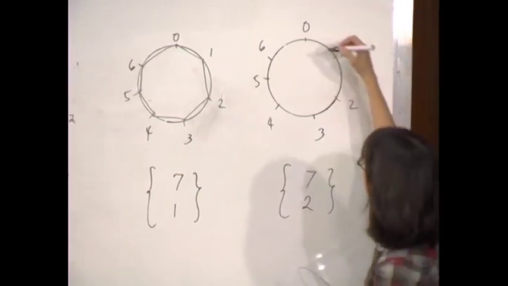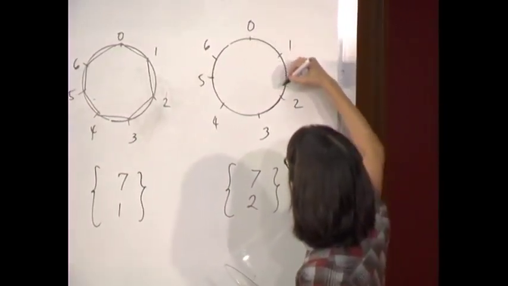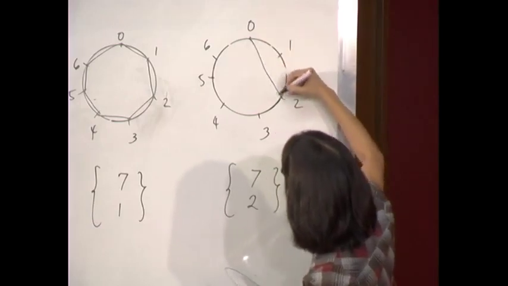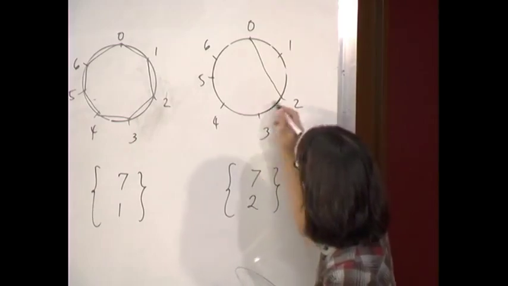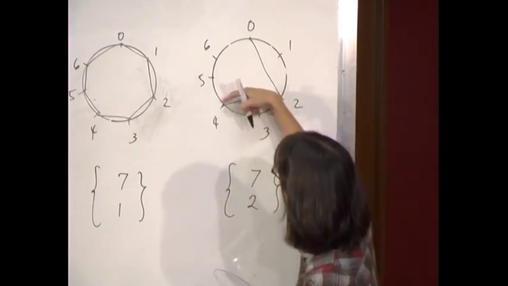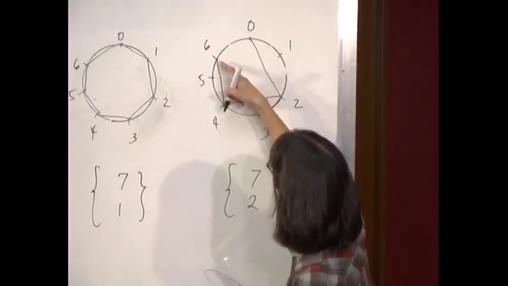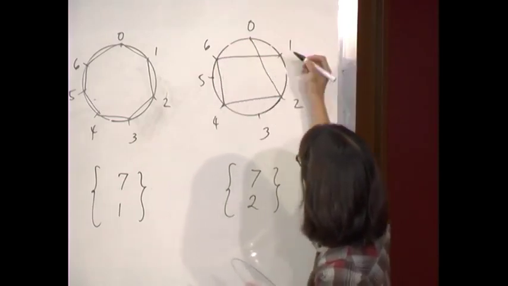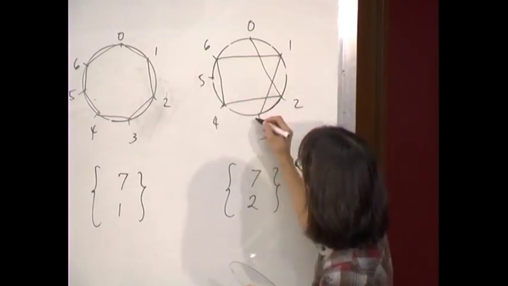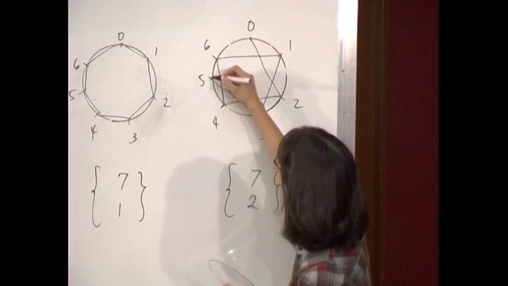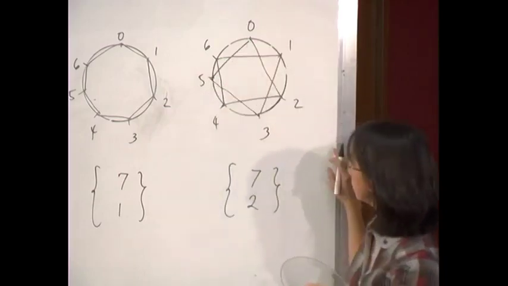So if I start with 0, I'll just count 1, 2, connect. Here, I'll count 1, 2, connect. 1, 2, connect. 1, 2, connect. So this will be our graph for 7, 2.